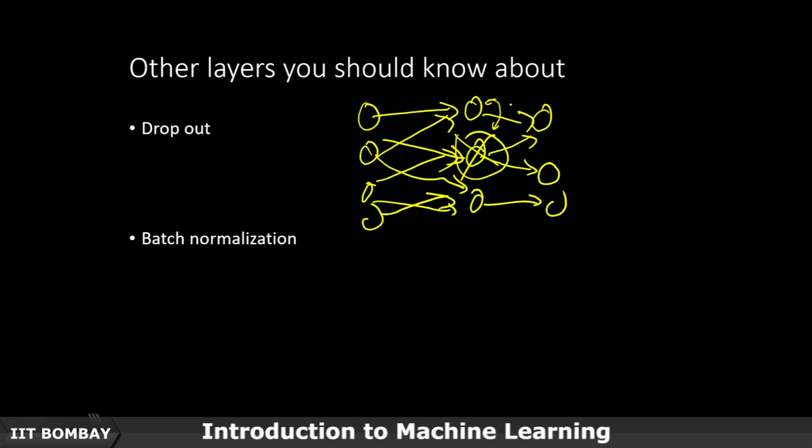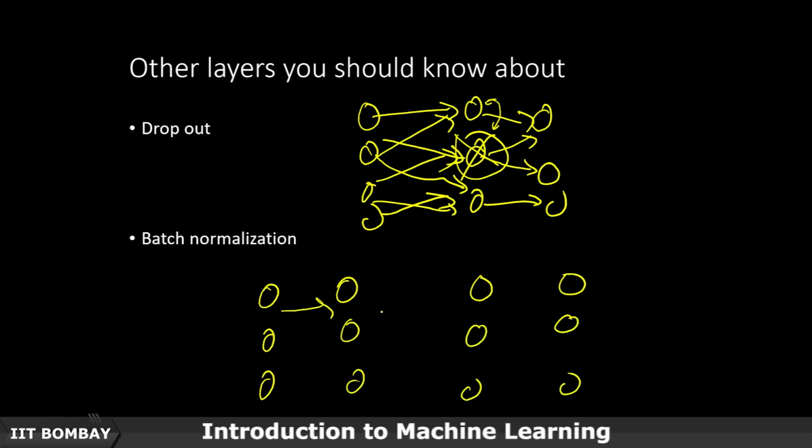Another layer is batch normalization layer, where when you have very deep neural networks, and all these inputs are flowing in this direction, then for one particular neuron the gradients can be very small or very large.